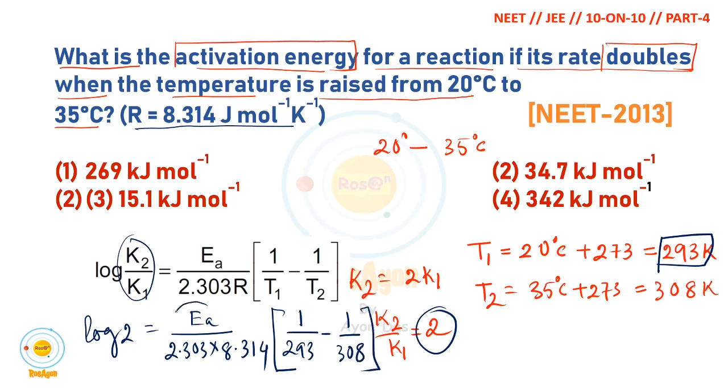Now calculate the value of Ea. Here the right answer is option 2, 34.7 kilojoule per mole.